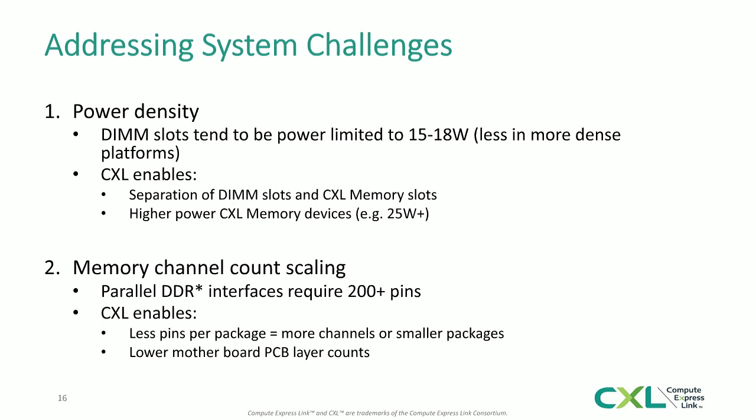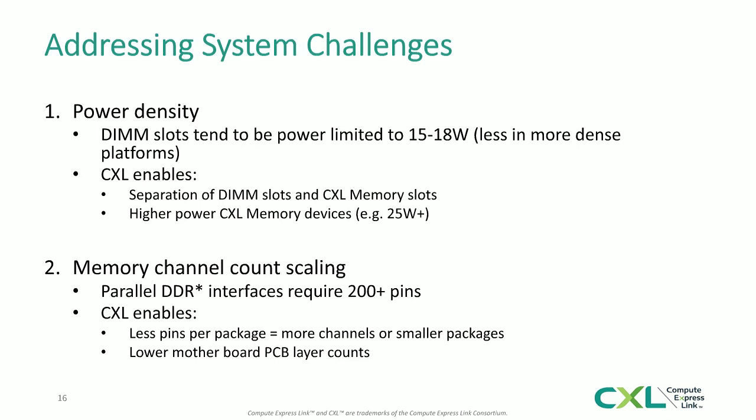And CXL enables us to do that, because now we can build basically a platform that has DIMM slots that is optimized for DDR DRAMs, for example, and then CXL memory slots, which perhaps could have a higher power envelope, 25 watts or more in many cases. And we can also optimize the cooling solutions for those particular types of devices versus trying to create a one-size-fits-all solution.